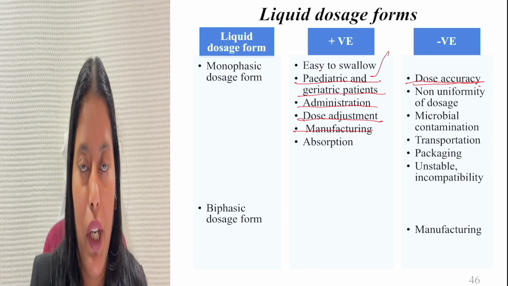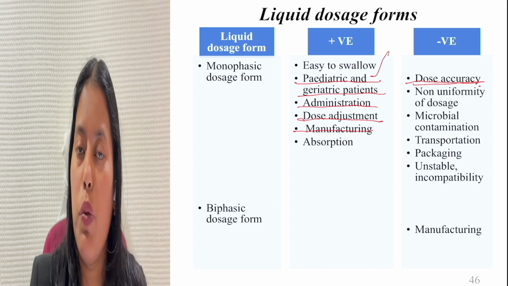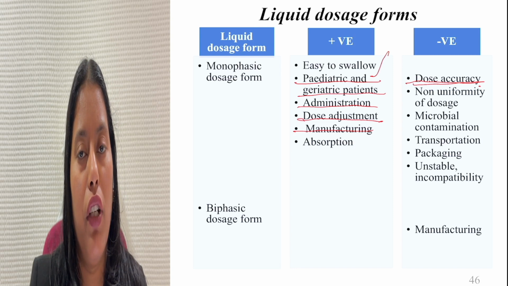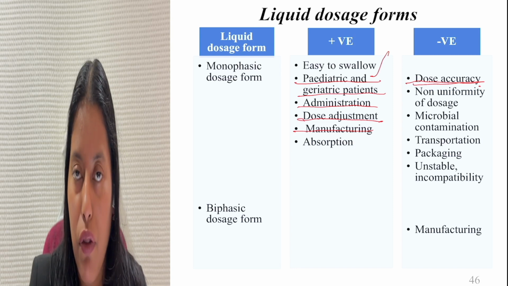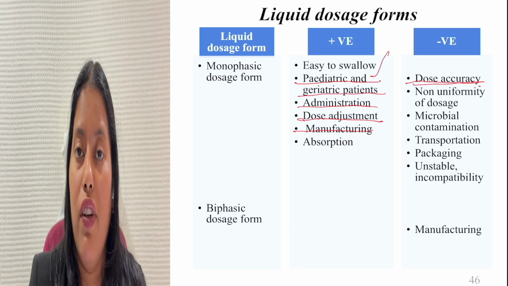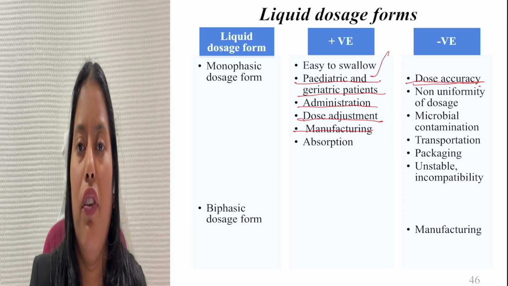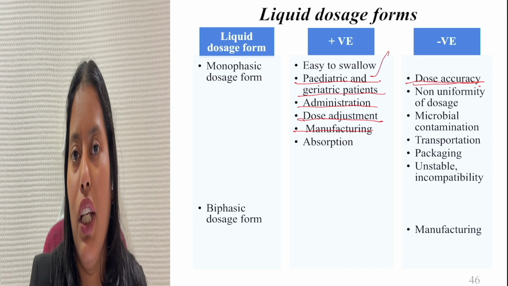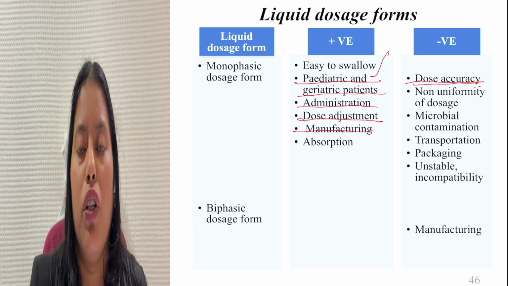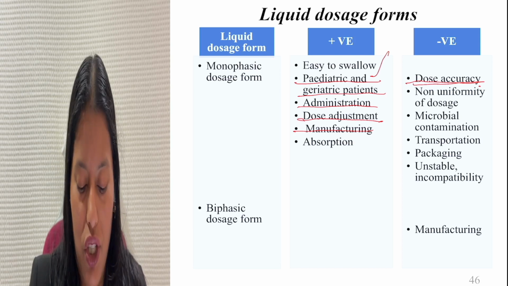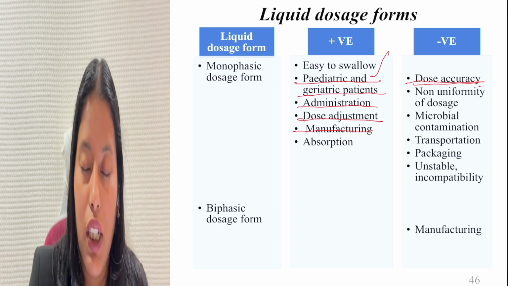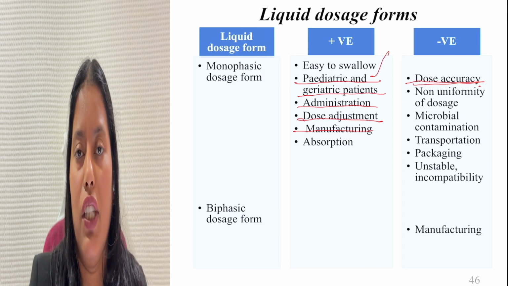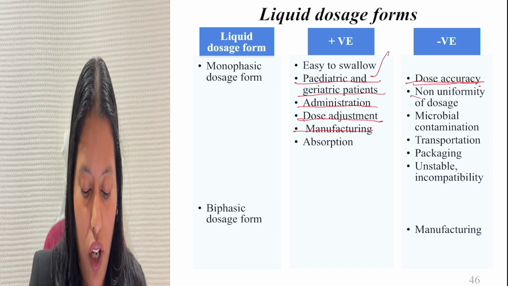So sometimes patients, instead of taking one spoonful, may take two spoonfuls, or half a spoonful. And even sometimes patients take the liquid dosage form like drinking water. That may lead to inaccurate dose delivery to the patient. So that is one disadvantage with the liquid dosage form. Either you may have less or more dose delivered to the patient.